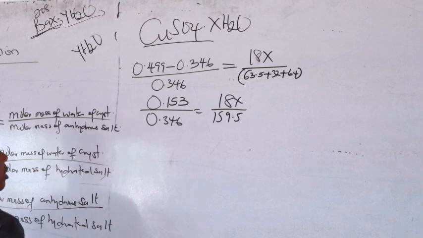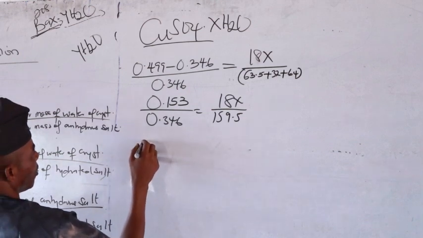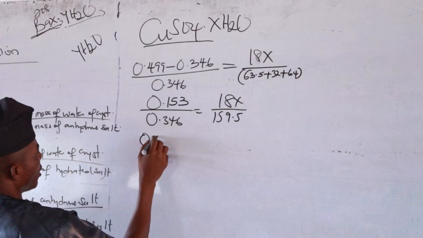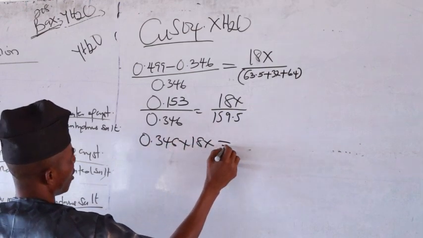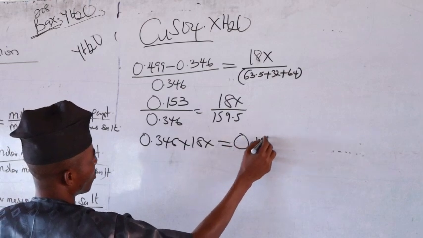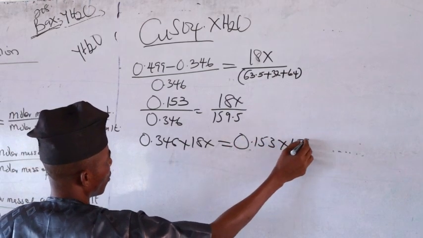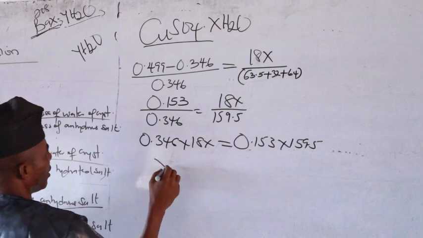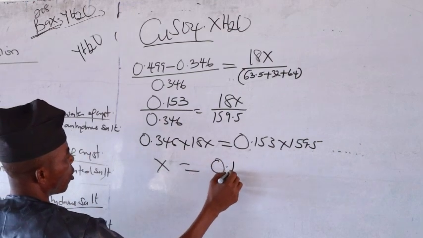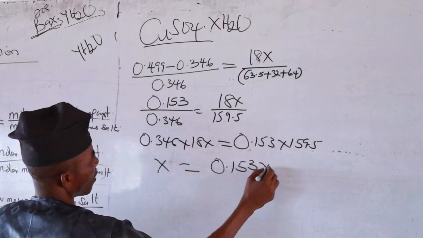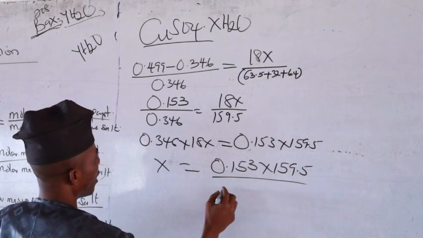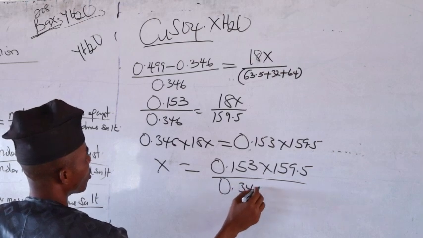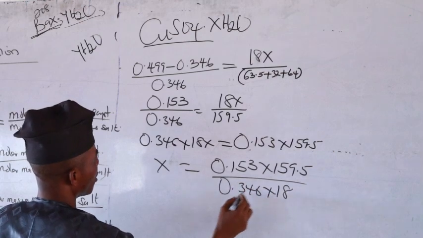Then make x the subject of the formula. Let's just say 0.346 times 18x is equal to 0.153 times 159.5. Then x is equal to 0.153 times 159.5 over 0.346 times 18.